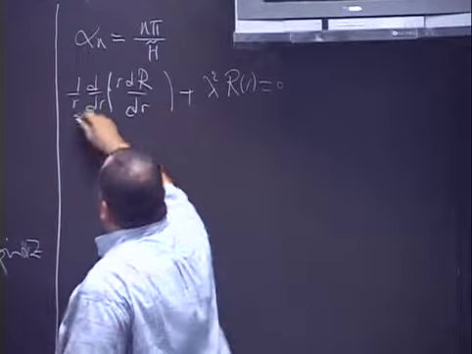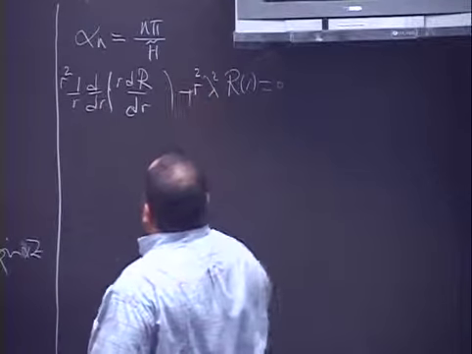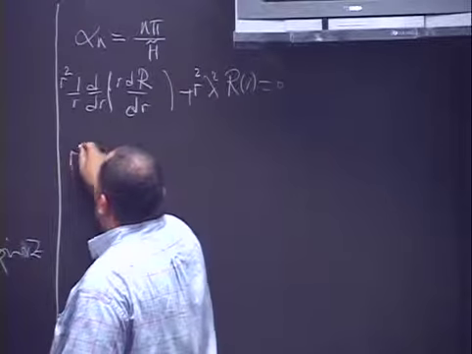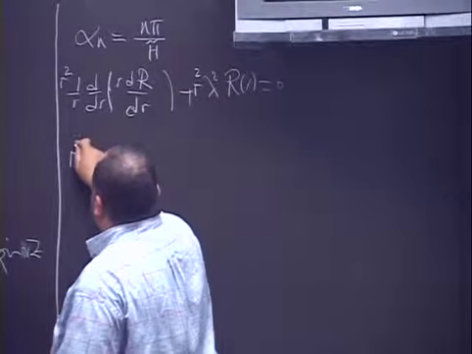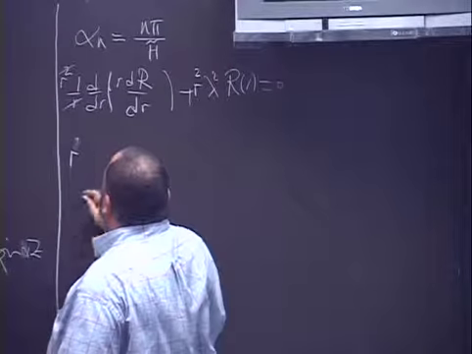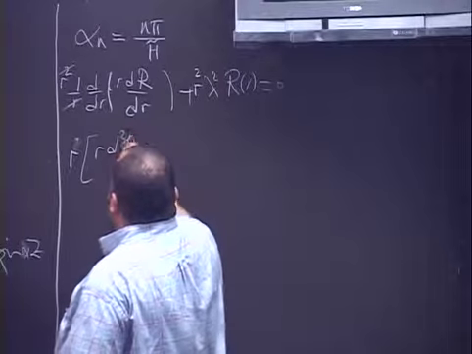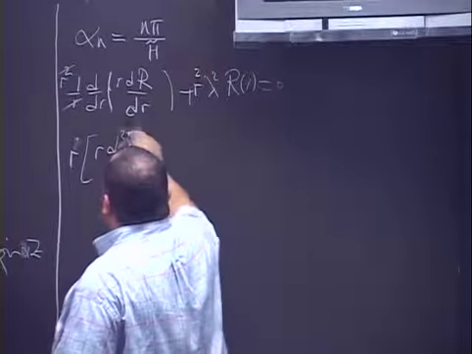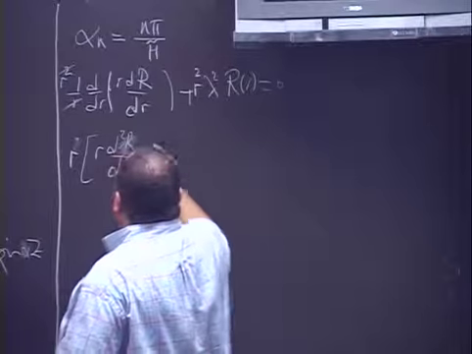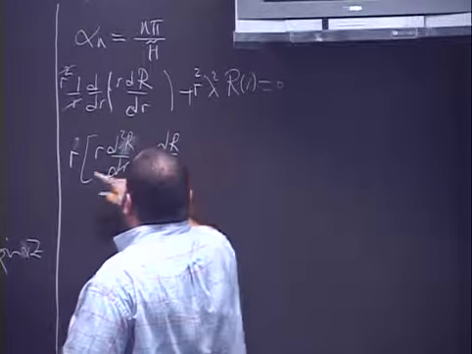If we multiply it here by r square and again here by r square, then this will be r square divided by r. This will be just 1 r. Then this will be the first multiplied by the differentiation of the second, plus the second multiplied by the differentiation of the first.